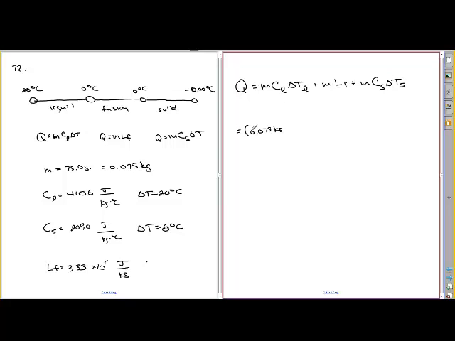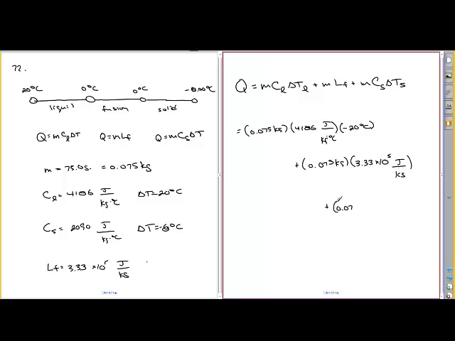So 0.075 kilograms times 4186 joules per kilogram degree C times delta T, which is negative 20 degrees C. So that's that part. 0.075 kilograms times 3.33 times 10 to the 5th joules per kilogram.